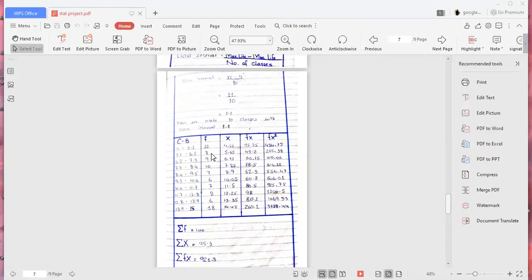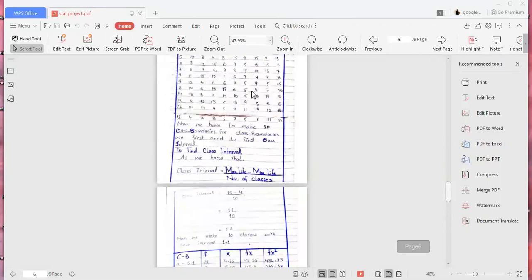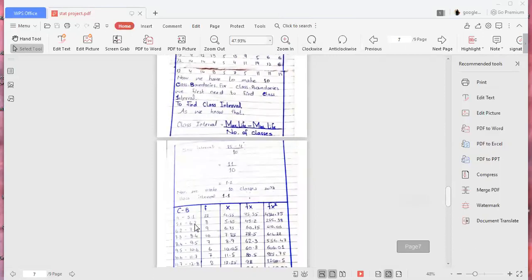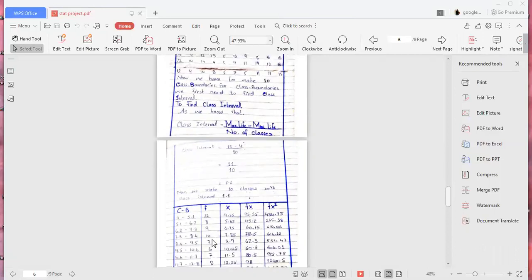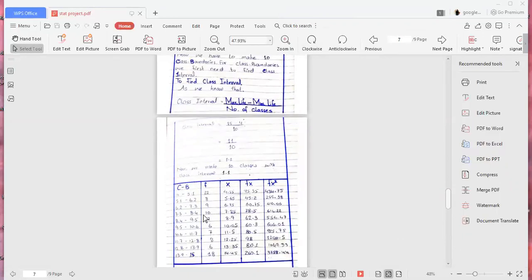To make the frequency, we first see the classes. The first class is 4 to 5. So we count the frequency in the 100 observations. How many times are 4 and 5 in 100 observations? So I counted and found that 21 times 4 and 5 are repeated in 100 observations.